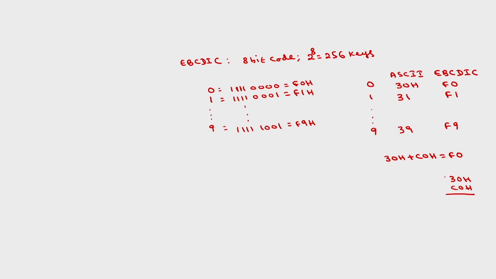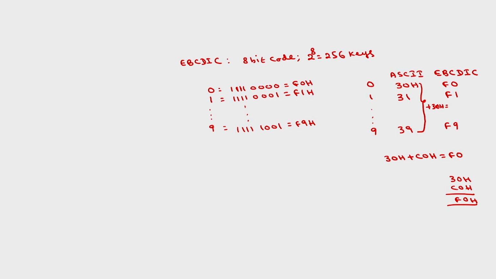C plus 1 is D, E, F, F0H. Similarly, you take any value and if you add C0H to it, you will get these values.